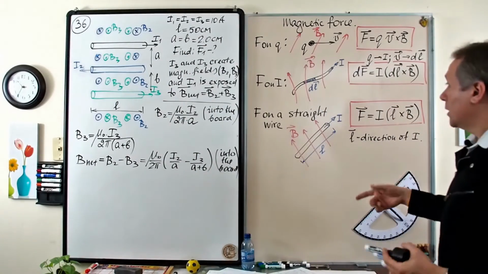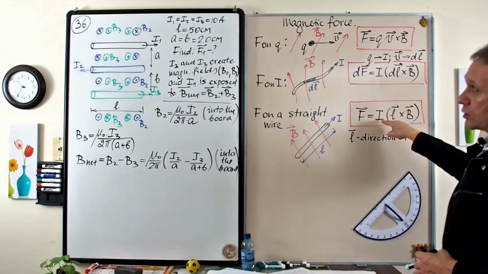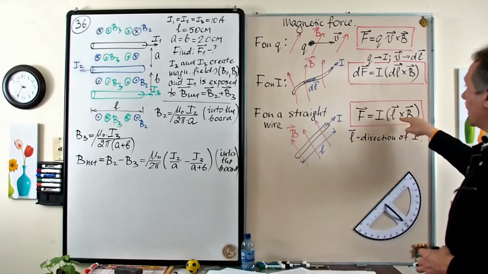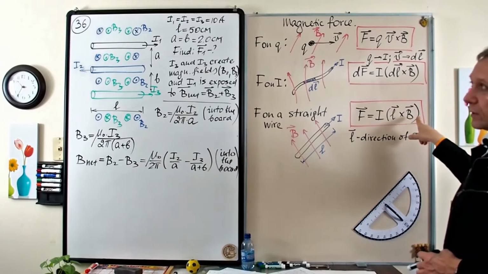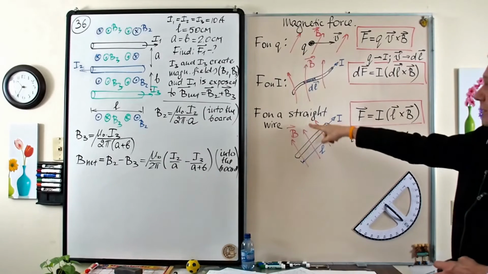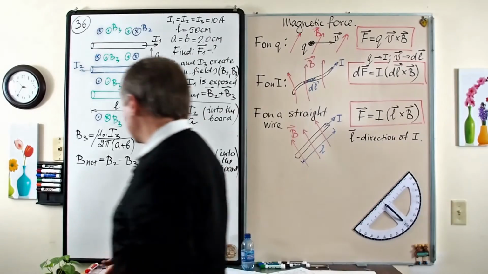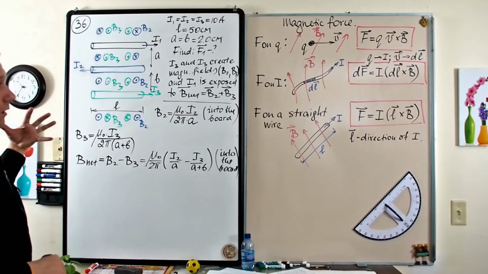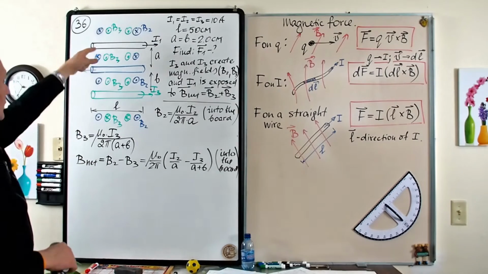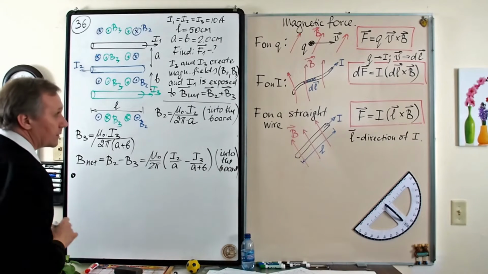So now we know the current I1, and we know the magnetic field. So now we can use this formula, and that wire is a straight wire, so that is applicable. So now we can just use this formula, it's the final step, in order to find the net magnetic force acting on the wire I1, right? So the second step, the final step.